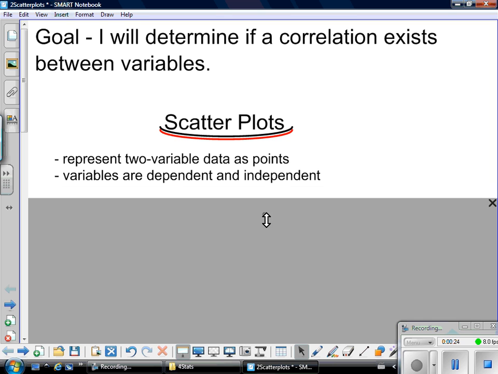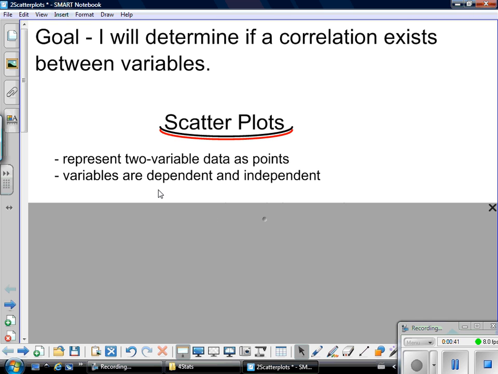Okay, we already know that scatter plots represent two variable data as points. We looked at that yesterday when we were determining whether something was one or two variable. When we're looking at scatter plots and we're talking about two variables, one variable is going to be dependent on another variable.